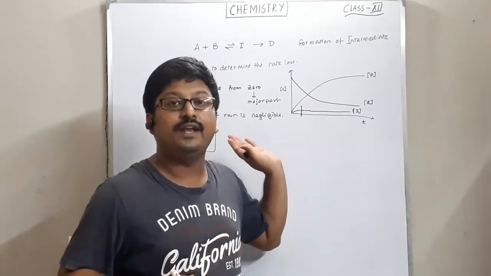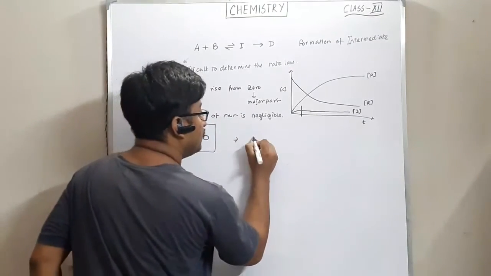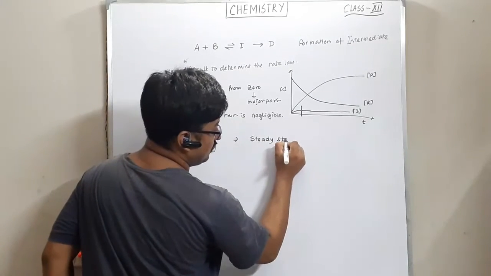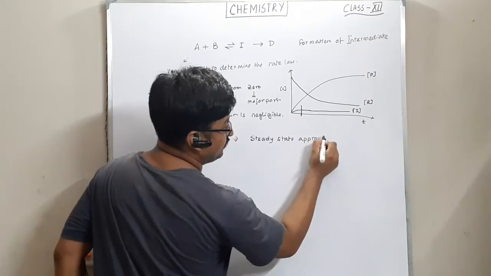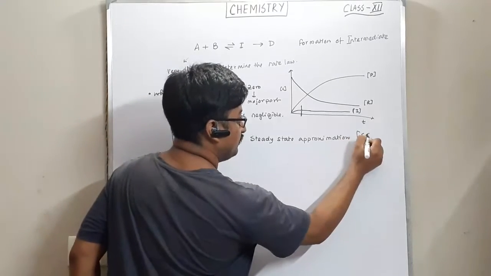Now this is a very good approximation, and it is known as the steady state approximation, or SSA.